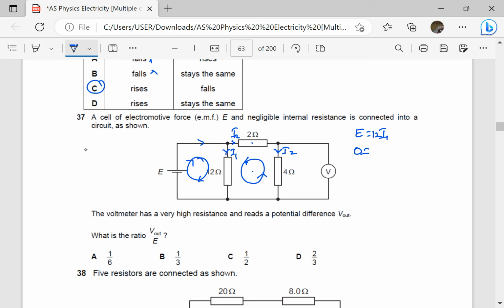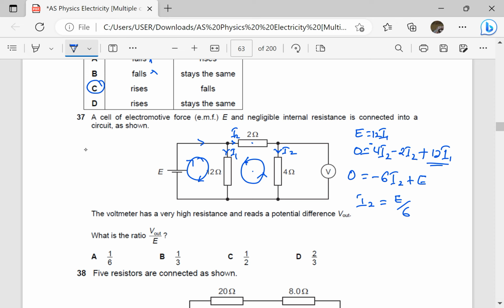Moving around that loop, I have 4 times I2, then that is negative because it's the other way around, then minus 2 times I2, then plus 12 times I1, but remember 12 I1 is E. So 0 is equal to negative 6 I2 plus E. In other words, I2 is equal to E divided by 6. That is I2. Okay, now let's find the ratio.